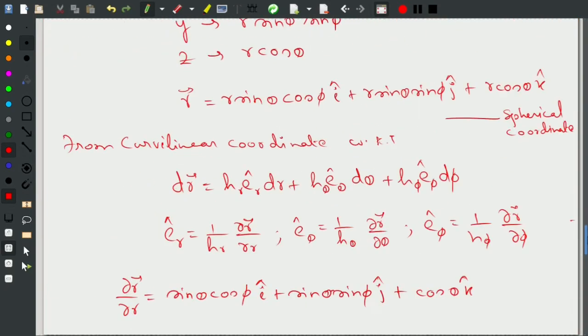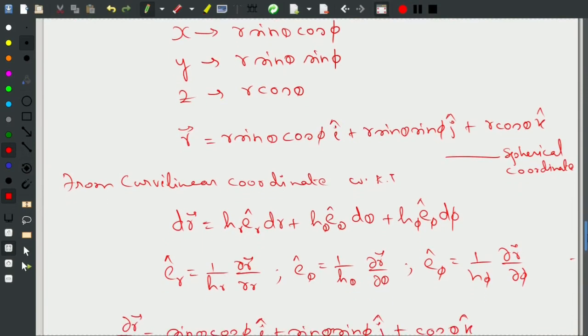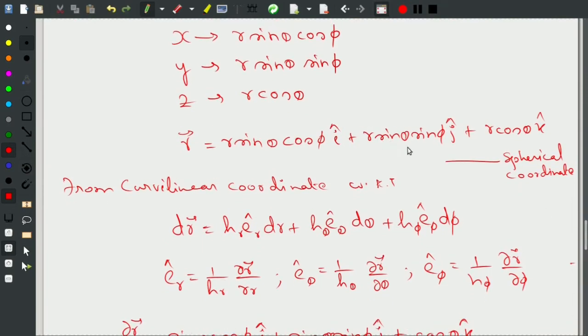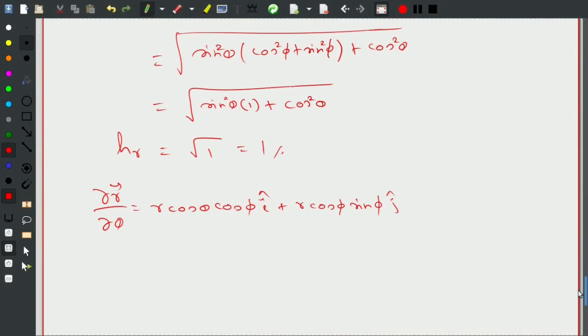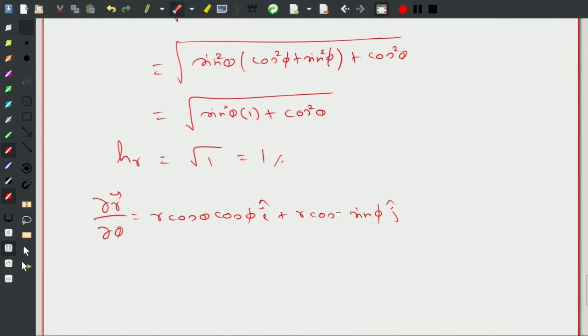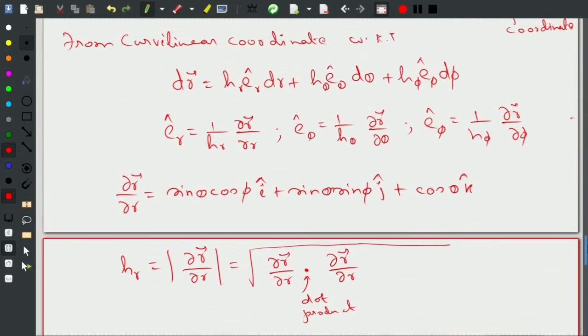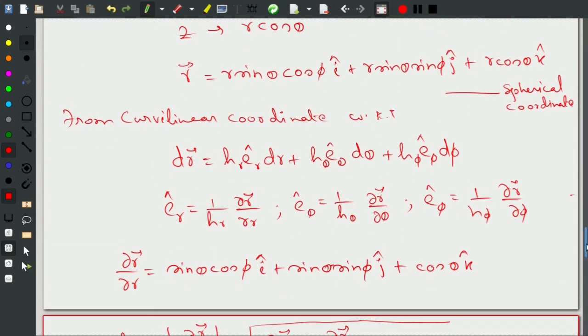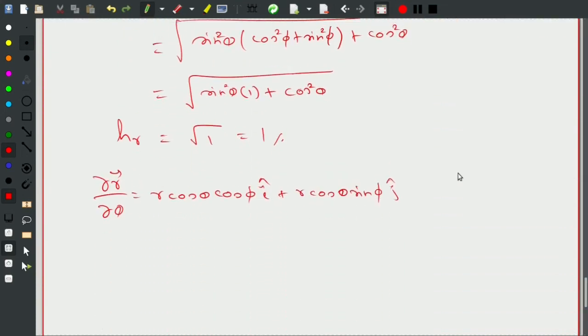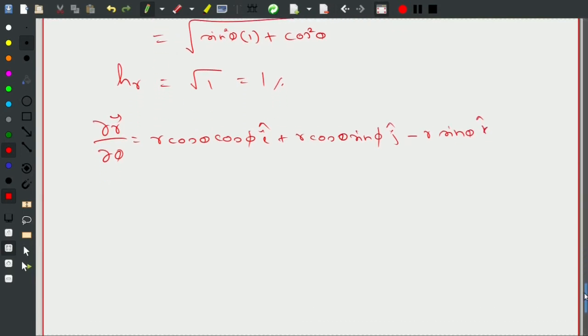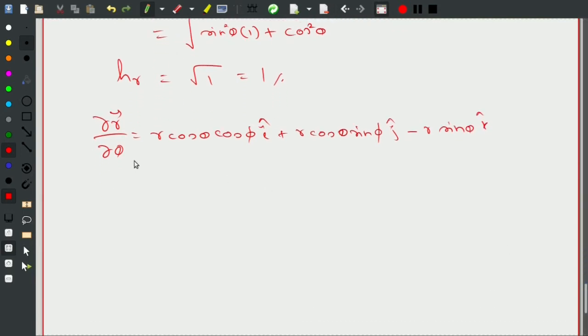Right, let me check it again. So we are differentiating with respect to θ. So we are differentiating sin θ, right? Okay. So sorry, here it is not φ, it's θ. Okay, and we have this r cos θ, right? If we differentiate it, it's minus r sin θ k cap, right?